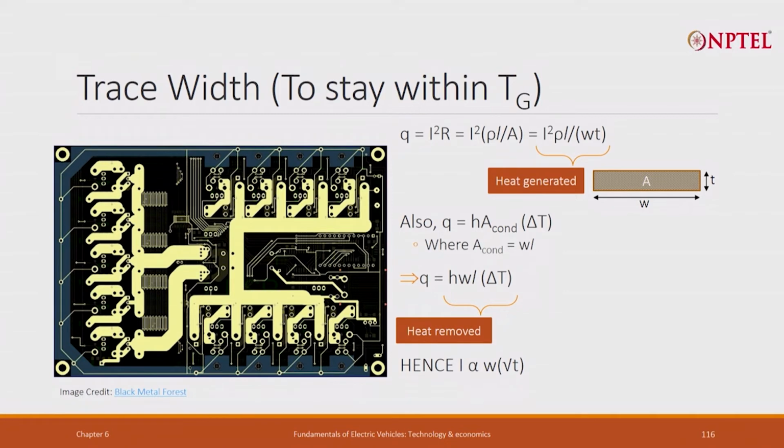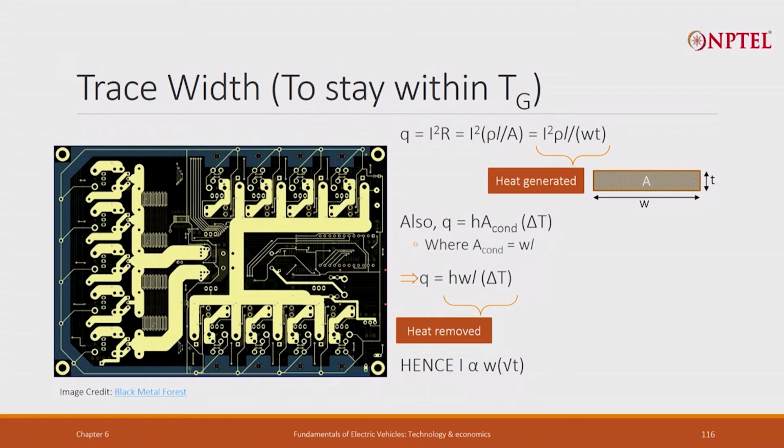Just by comparing the two equations, you know that the current is proportional to W into square root of T. So, let us say I want to pass 100 amperes. I have got 35 microns thickness and a trace width of 10 millimeters.